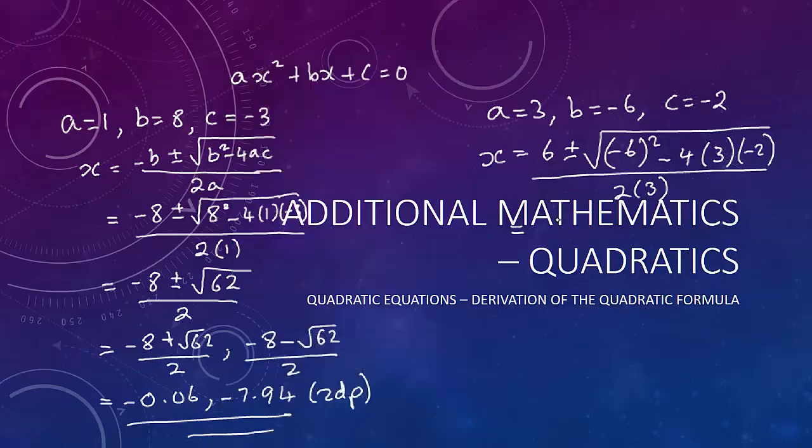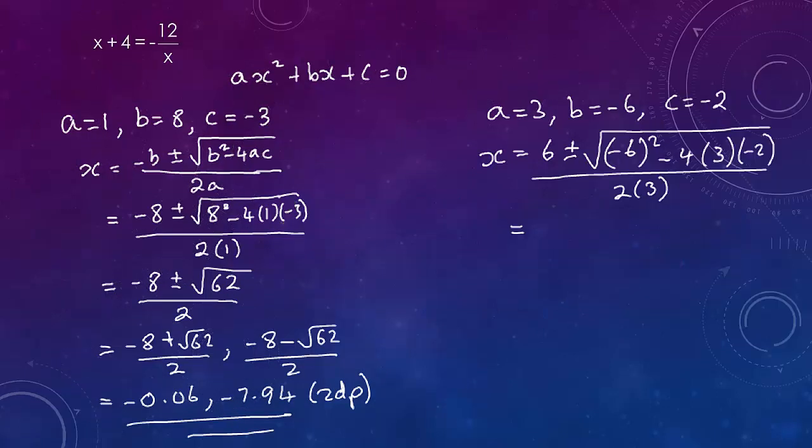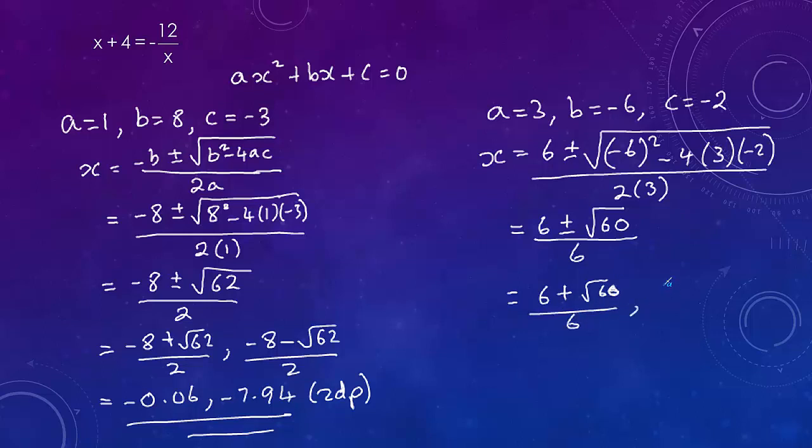So I have 6 plus or minus the square root of 60, all divided by 6. So our roots are 6 plus root 60 over 6, and 6 take away root 60 over 6.